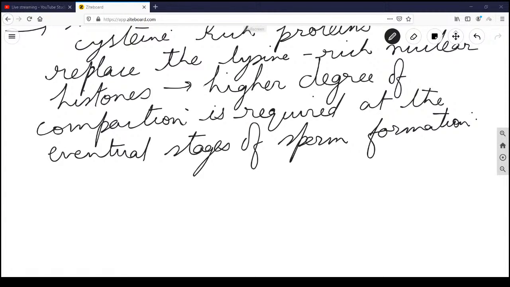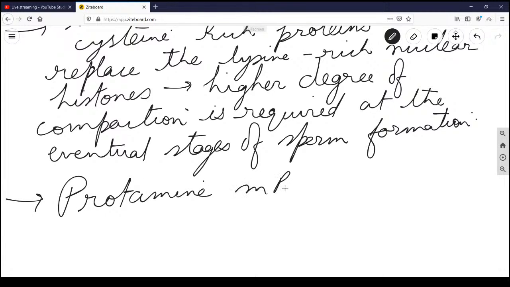These protamine mRNAs are first synthesized in the primary spermatocytes, but are not translated into proteins until the spermatid stage. One more very important answer to the question: protamine mRNA, when does the synthesis begin?